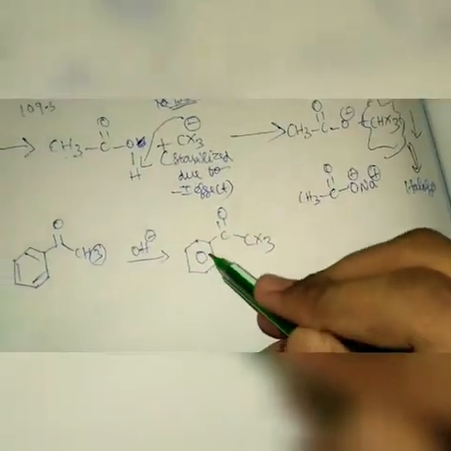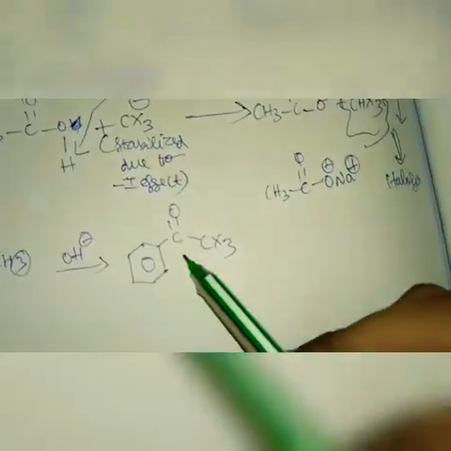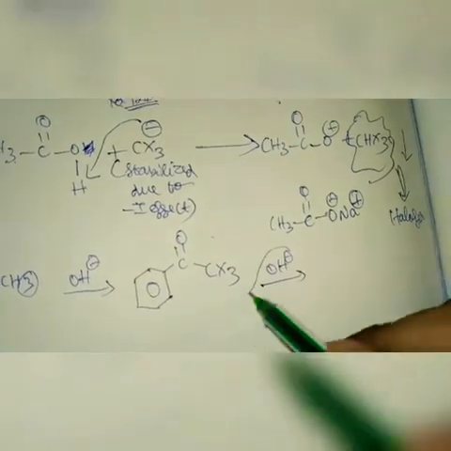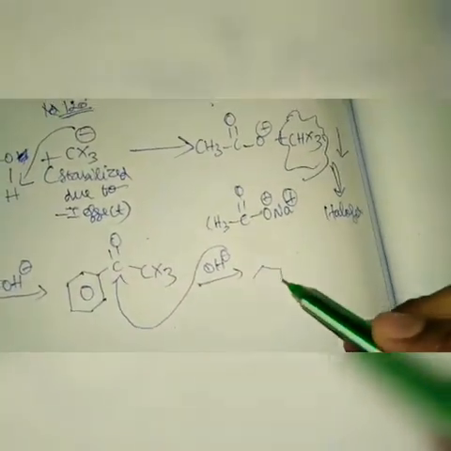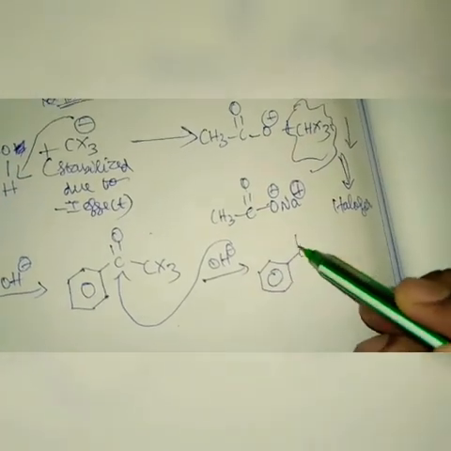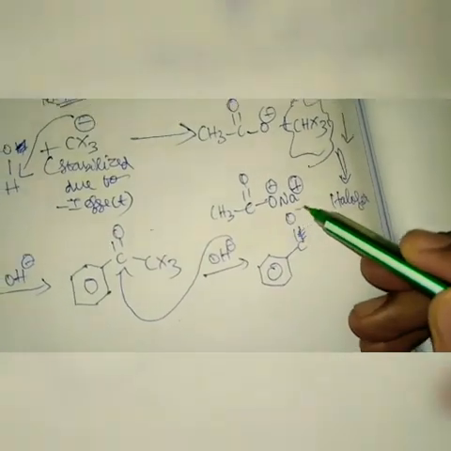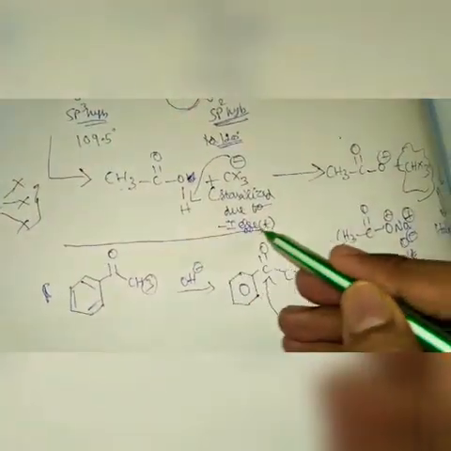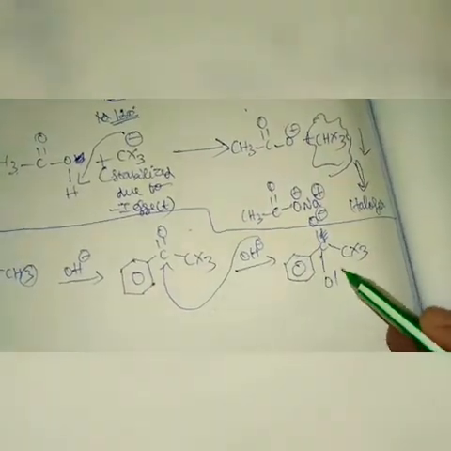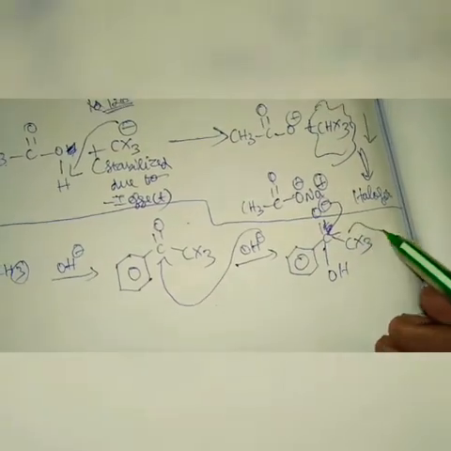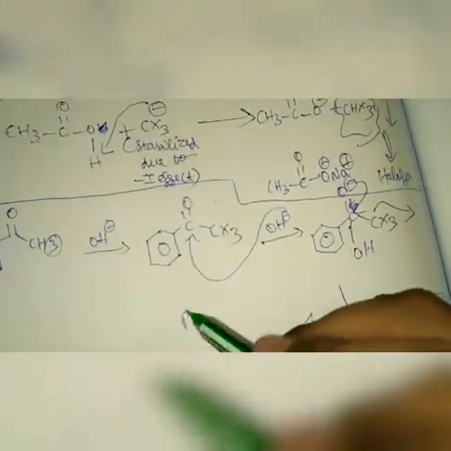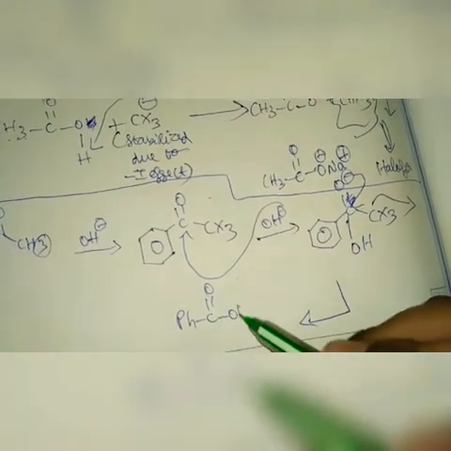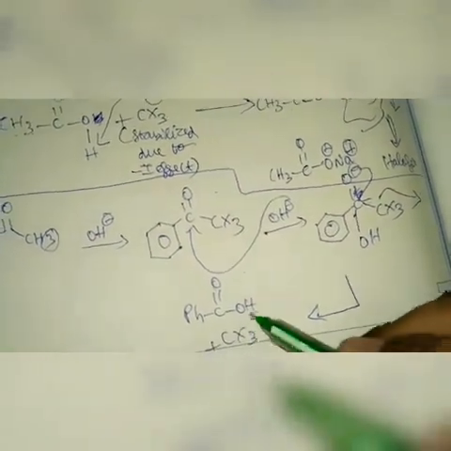Again, now you can understand clearly. Here there are no alpha hydrogens to attack. So OH minus comes, attacks this, and forms C O minus CX3. Now again O minus comes, CX3 minus leaves, it forms Ph, C double bond OH plus CX3 minus.